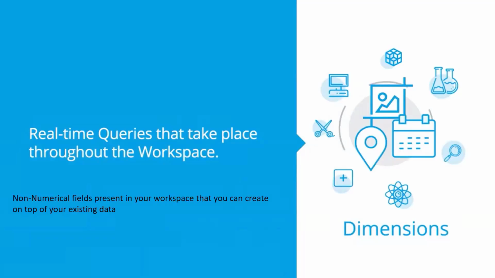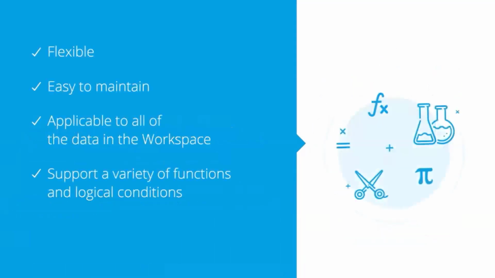So these are some of the workspace level things that you create above your existing data, because you need some kind of harmonization. Why do we need it? Because calculated dimensions are flexible. When we say flexible, it is at workspace level, so it is not bound by any different type of filtration or any specific filters or settings that we need to apply.